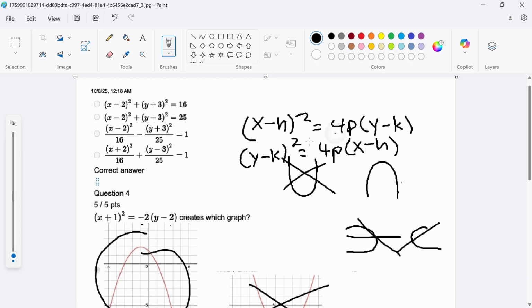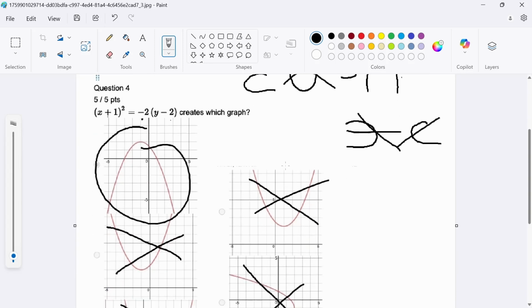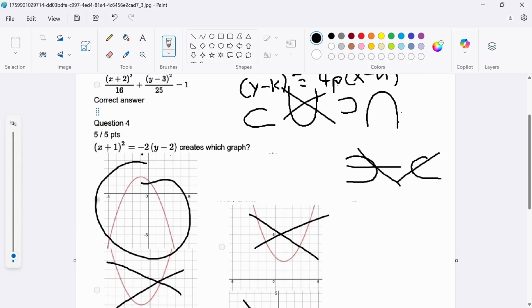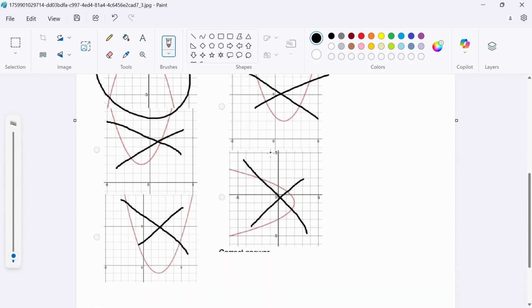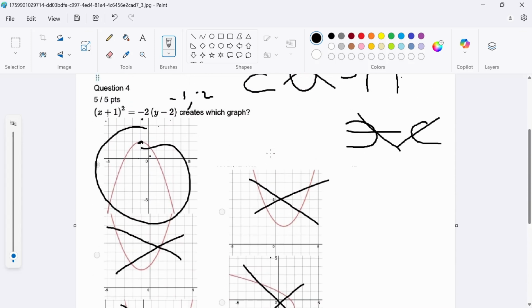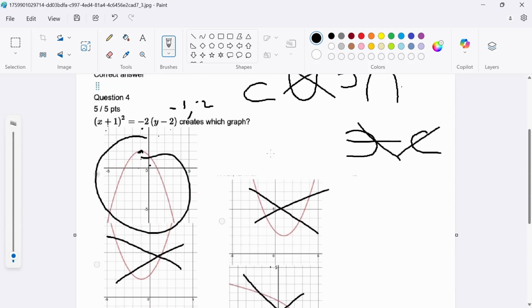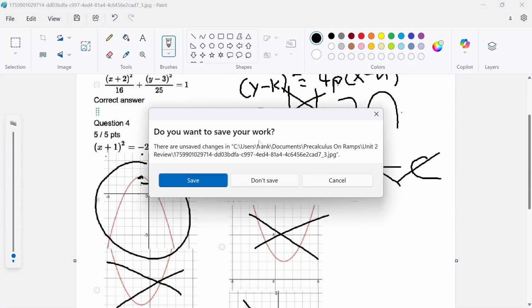And if the 4p is positive, this one's going to be like this. If the 4p is negative, it's the other way. So there's only one possibility. I can check to make sure the vertex is right. It's the opposite sign, so it's negative 1, 2. Okay, but it's the only one that's a vertical parabola that goes down. So just from that, I got the answer.